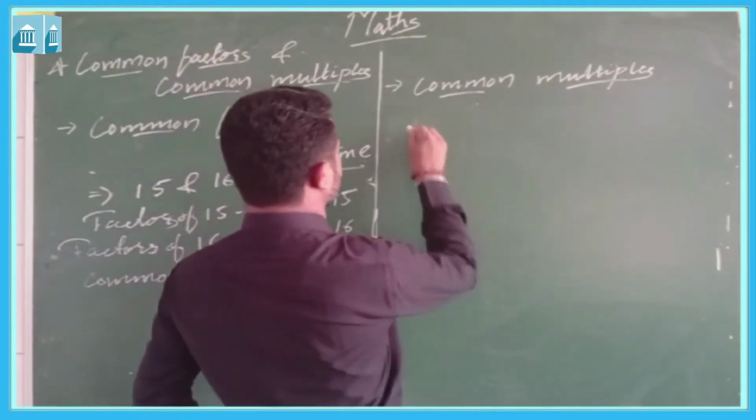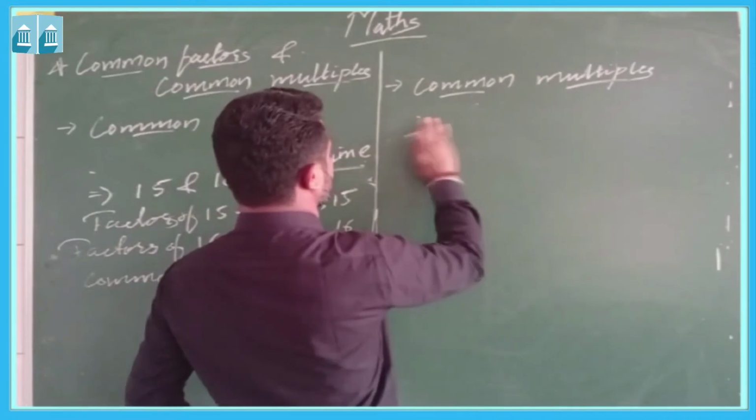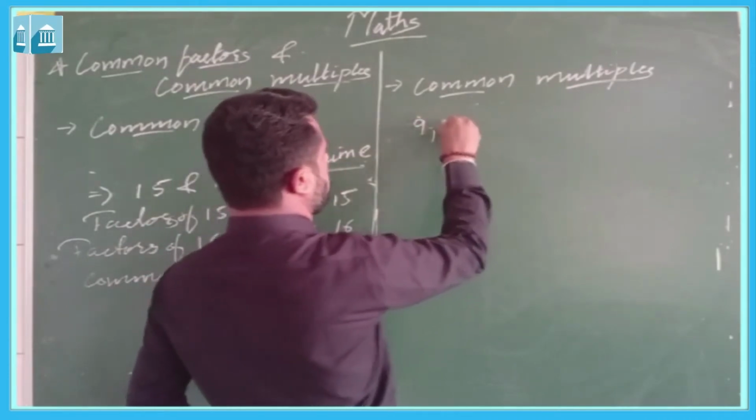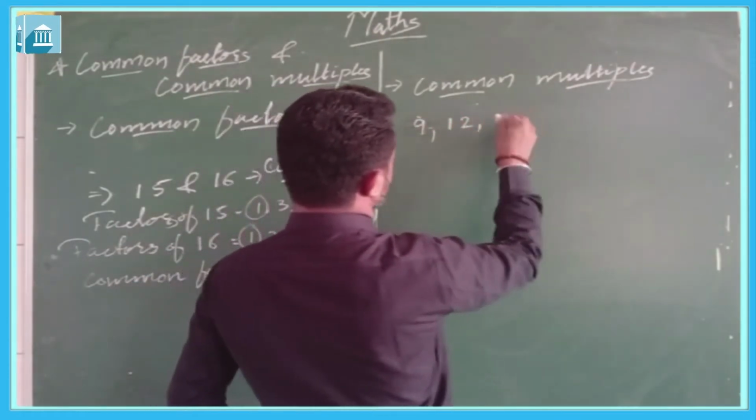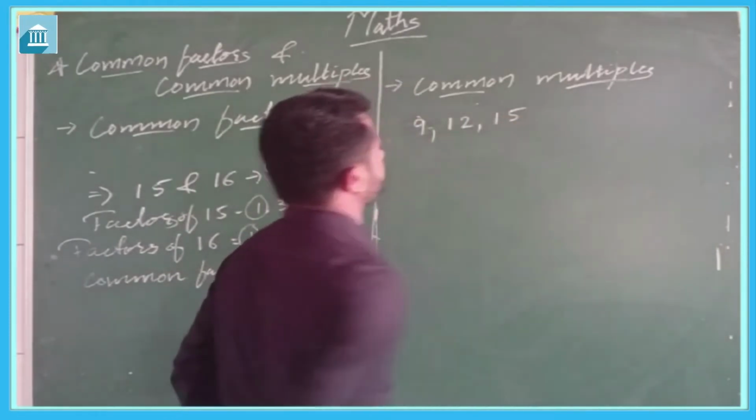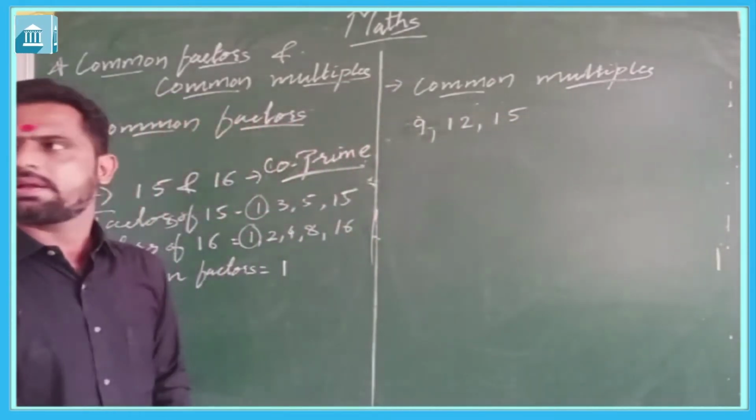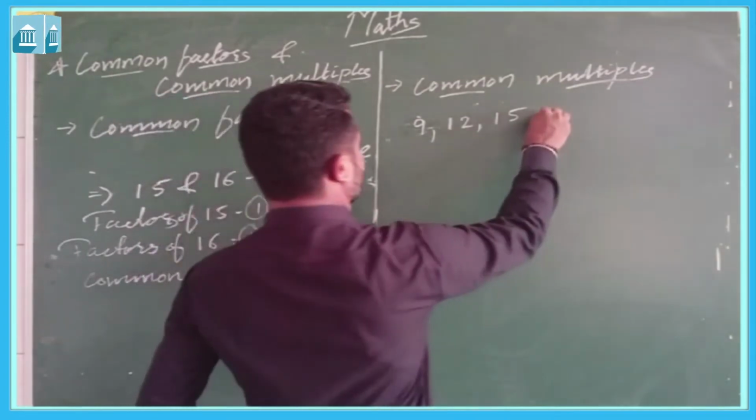For example, 9, 12 and 15. Multiples of 9, 12 and 15.